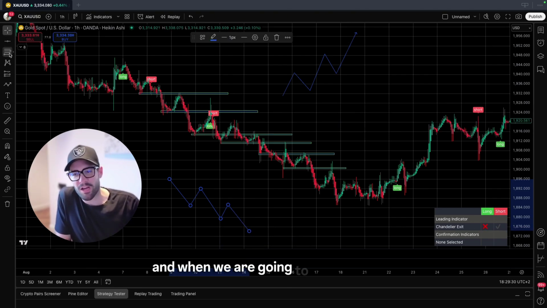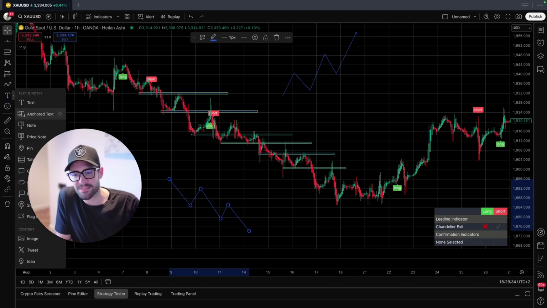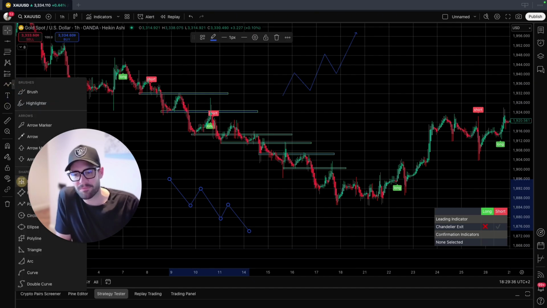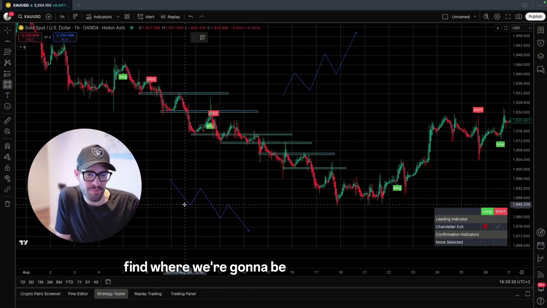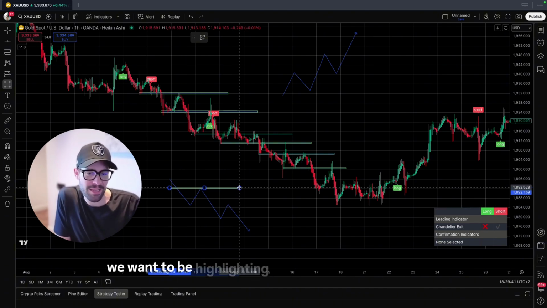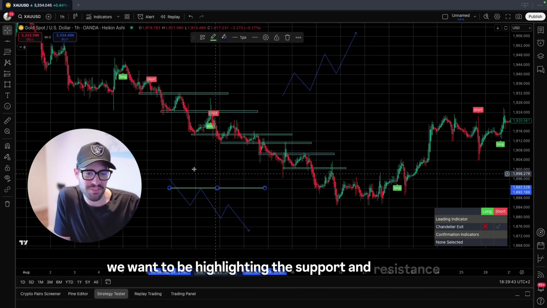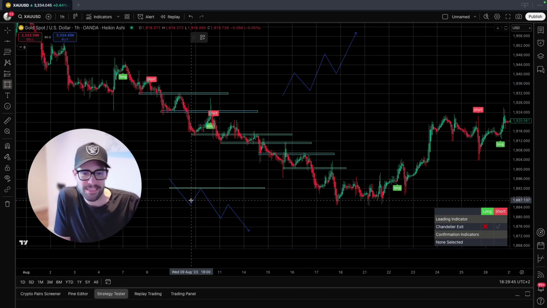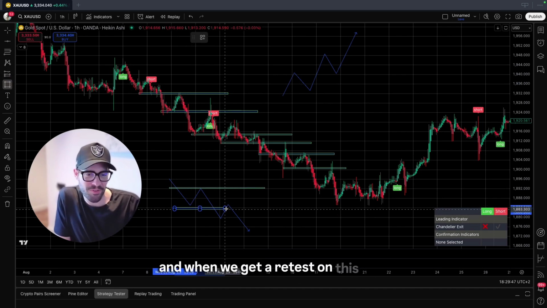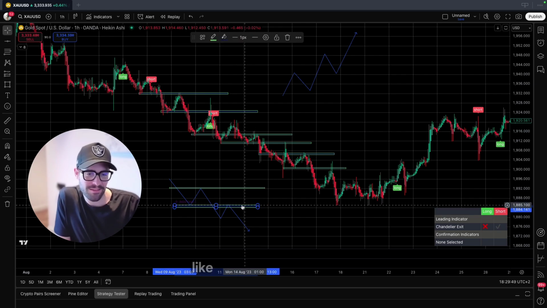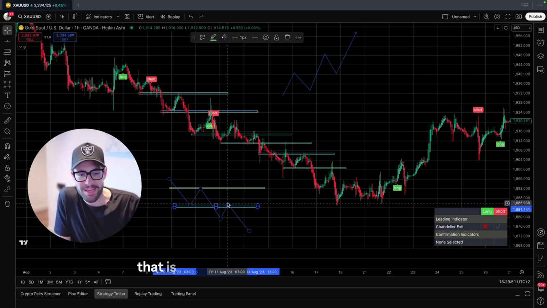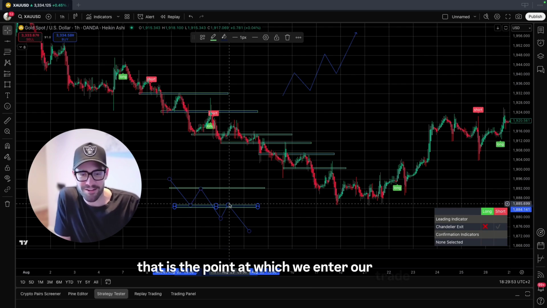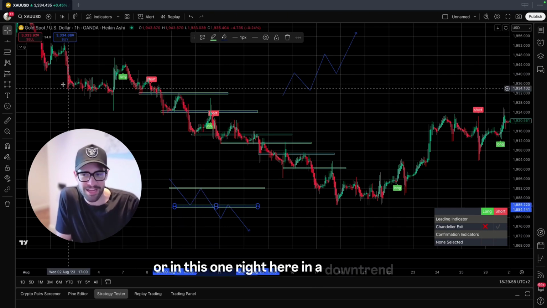And when we are going to be measuring where to enter our trades, we want to be highlighting the support and resistance the whole way through. And when we get a retest on this limit, like right here, for example, that is the point at which we enter our trade, or in this one right here, in a downtrend.